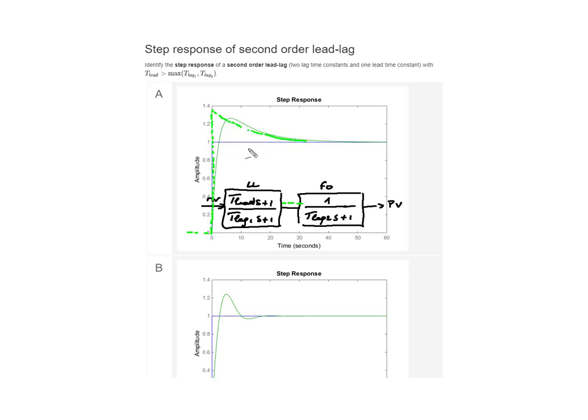And if this is the input now of a first order system, you can see that you will obtain this response. And as I've said, this is also consistent with this type of transfer function, because the step response must have at the origin a value of 0, which is the case, and the slope must be non-zero, and this is also the case.